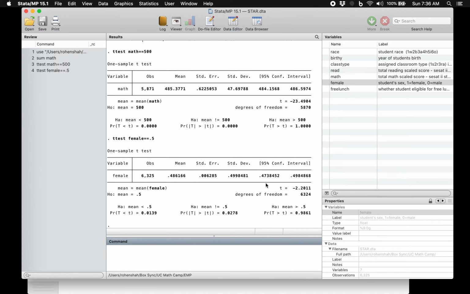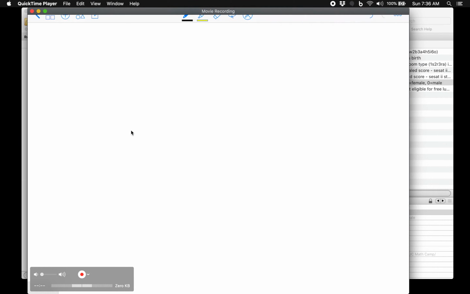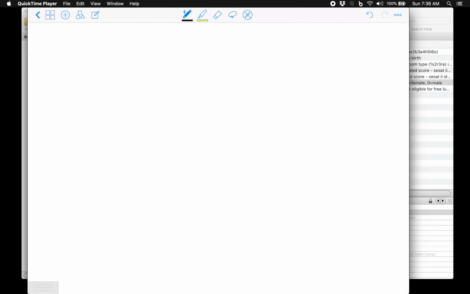Now, the most common t-test that you would do, though, is not just testing for whether a variable has a certain value, but rather whether two groups have the same value for that variable or not.